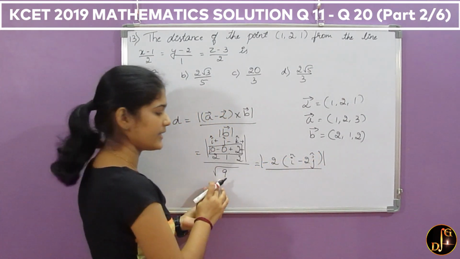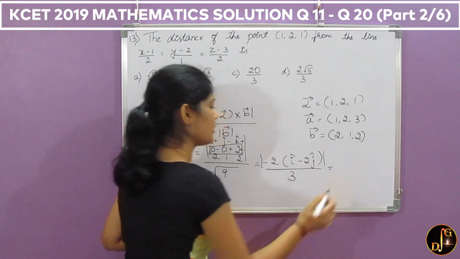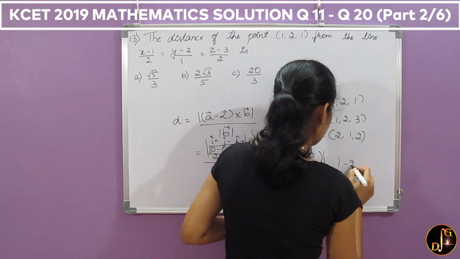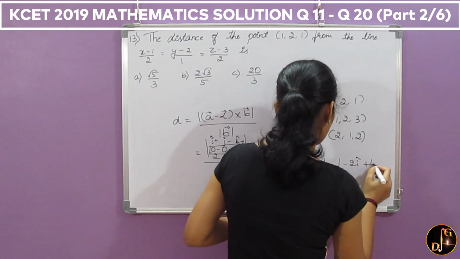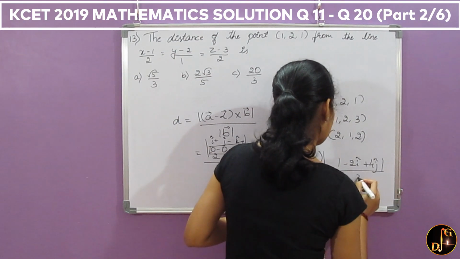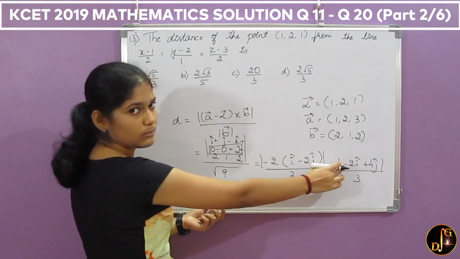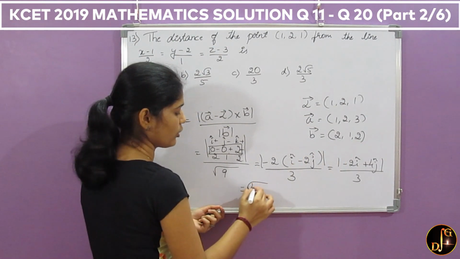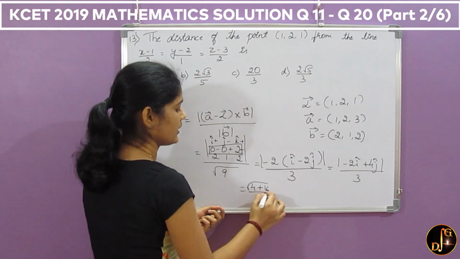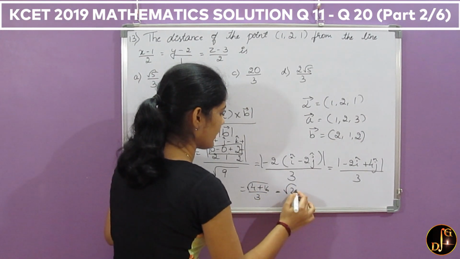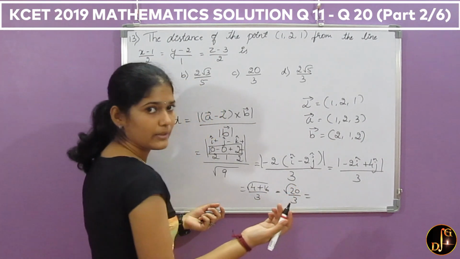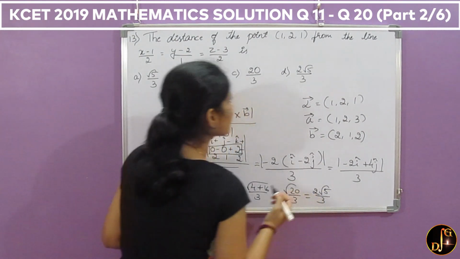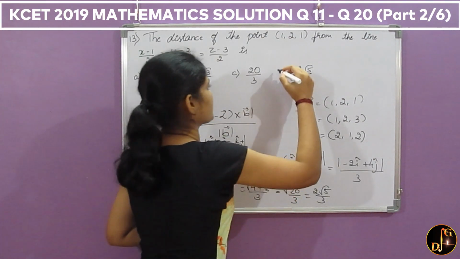Divided by root 9 is nothing but 3. So it will be modulus of minus 2i cap plus 4j cap divided by 3. Modulus of this means square root of minus 2 square is 4 plus 4 square is 16 divided by 3. That means root 20 by 3. Root 20 can be written as 5 into 4. That means 2 root 5 by 3. So the correct option is option D.